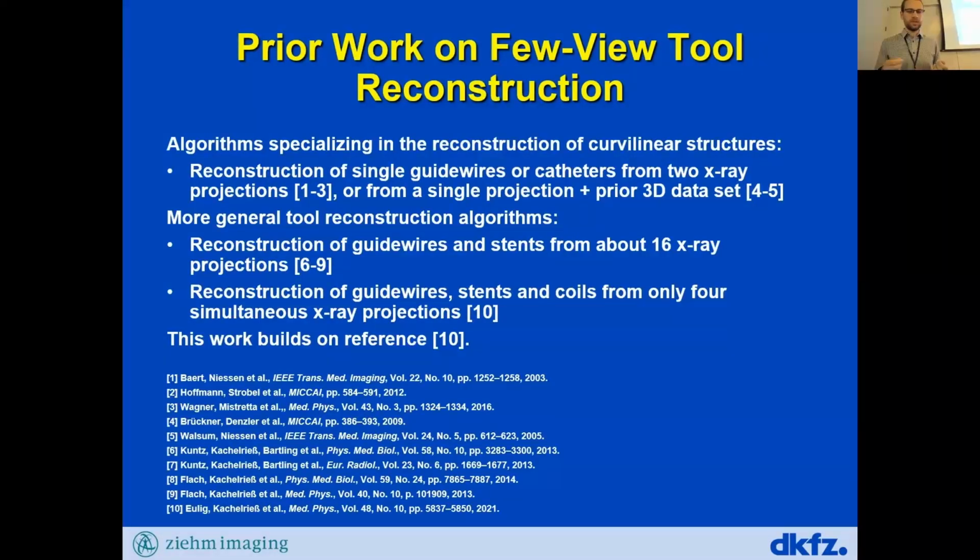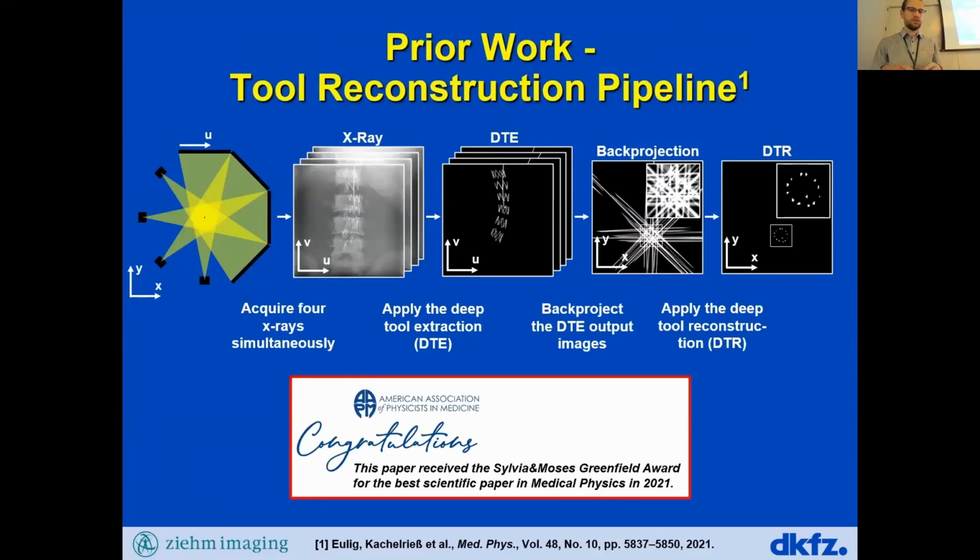And specifically, we are here building on recent work on the reconstruction of guide wires, stents, and coils from 4 X-ray projections, which I'll show on this slide. This pipeline, by the way, received the Sylvia and Moses Greenfield Award for Best Paper in Medical Physics in 2021.